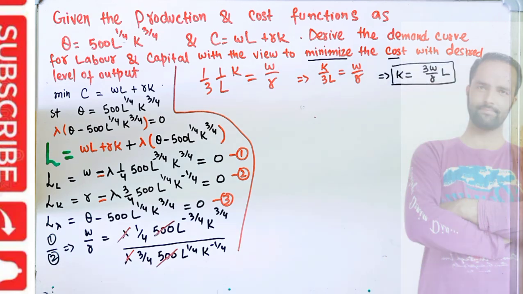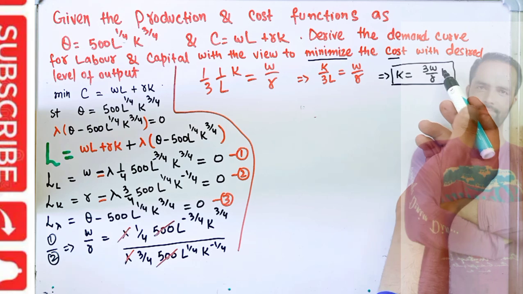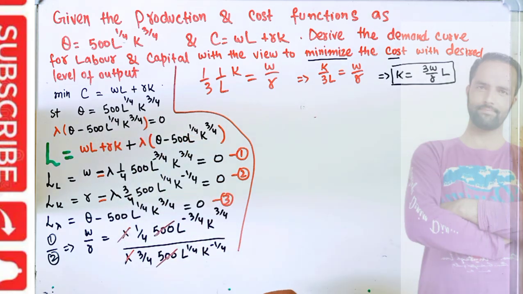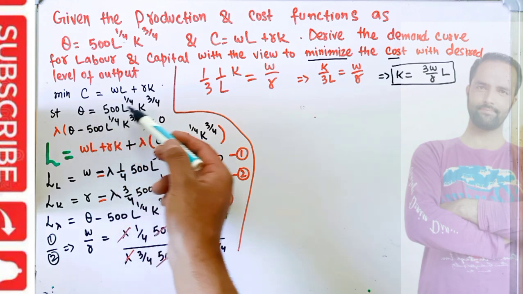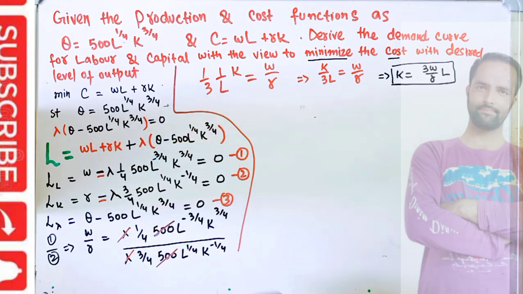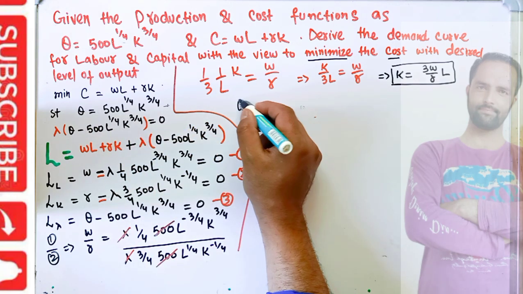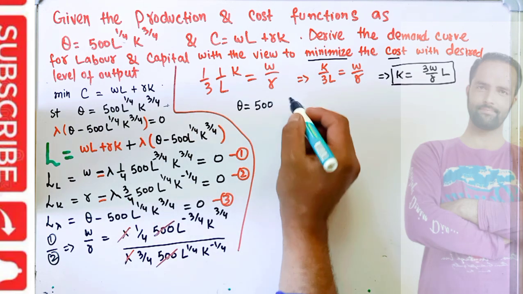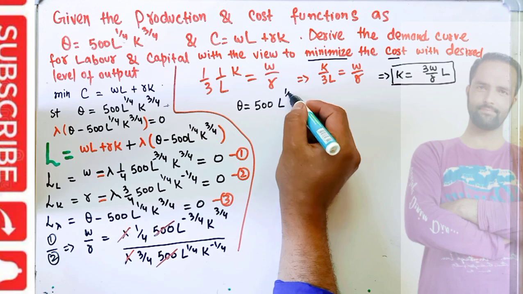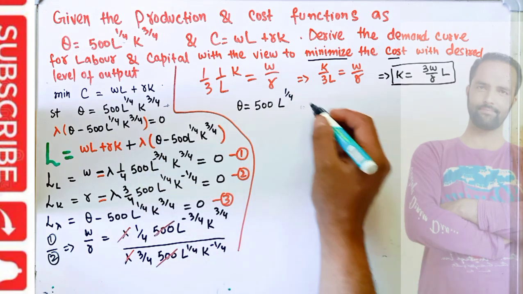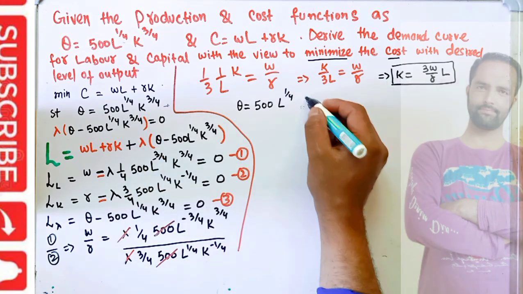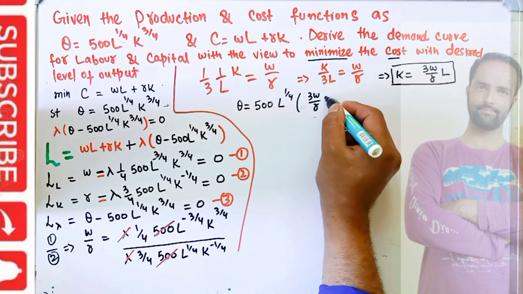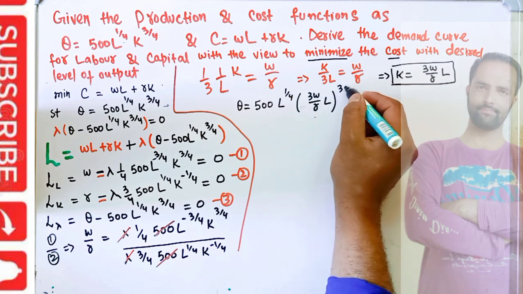Now we will just plug this k in either this third equation or in this equation. Let's put this in this constraint function equation. So our q will be equal to 500 l to the power 1 upon 4, then in place of k I have this stuff, 3w upon r into l raised to the power 3 upon 4.